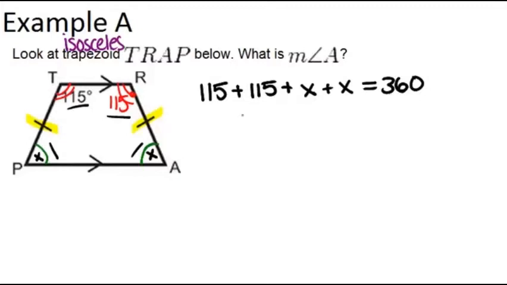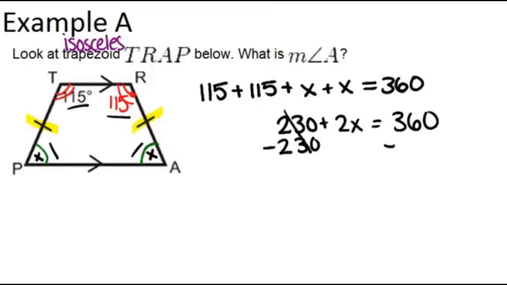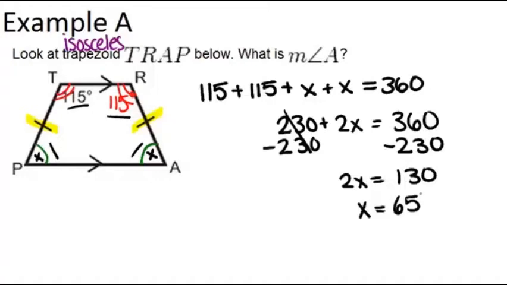So combine like terms, and you get 230 plus 2x equals 360. Then subtract 230 from both sides, and you get 2x equals 130, which means x equals 65. So our answer is the measure of angle A, which we defined as x over here, equals 65 degrees.